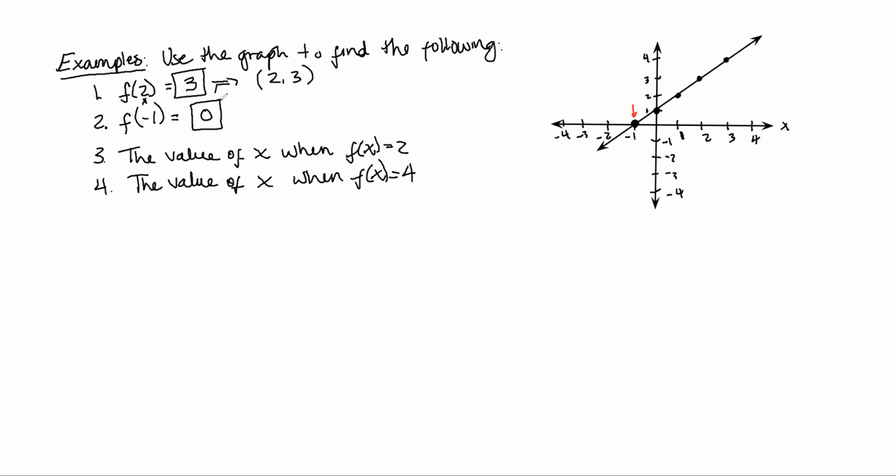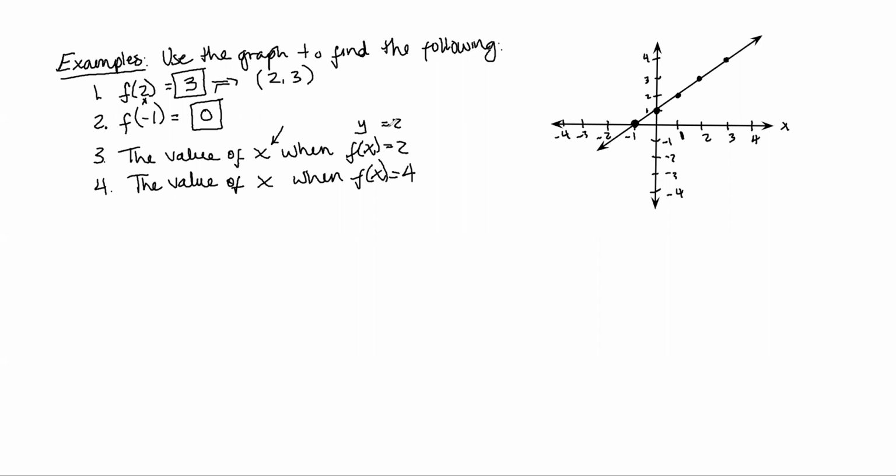All right, now this is the part that we haven't seen before. This is just kind of the flipped version of what we've been doing. They tell us to find the value of x, so we are looking for x when f of x equals 2. Now remember, f of x is the exact same thing as y. So they're saying, what is x when y is equal to 2?